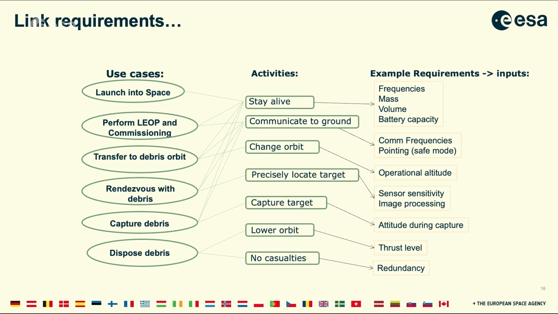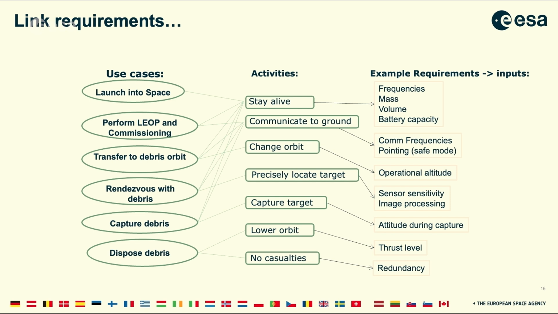We know that the launcher will shake it, so there will be frequencies. These are all in user manuals. We can get them. We know that we will have to fit in the fairing of the launcher, so there's a maximum volume, which will be a requirement. There's a maximum mass that the launcher can bring up, so there's a mass requirement. Maybe we need to survive on our own battery for half an hour, so there will be a requirement on the battery there. And I can go on and on like this.